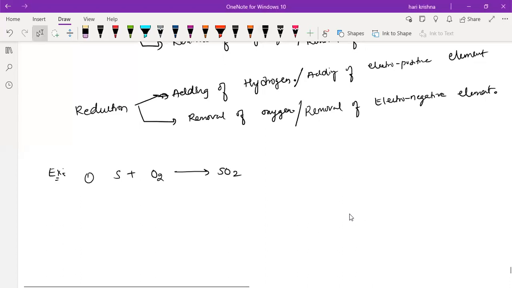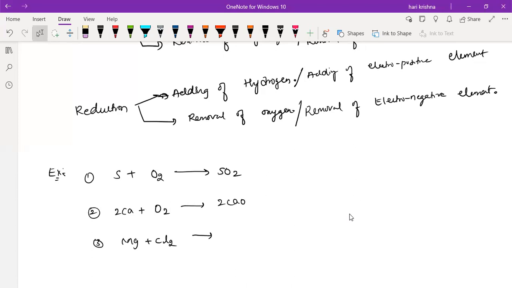Which one is this example? Is it oxidation or reduction? Sir, oxidation. First one is oxidation, second one also the same, oxidation.